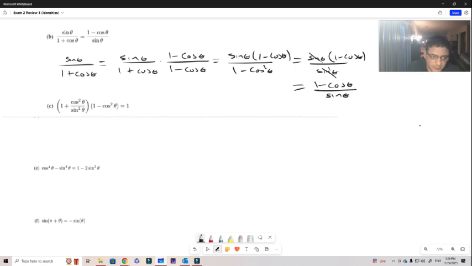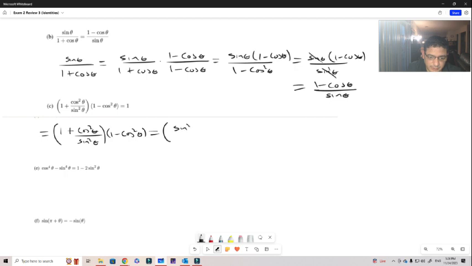And C, we pretty much do the same exercise. One thing that we can do here is realize that we can transform that 1 into sine square over sine square, so we can more easily go with the denominators.